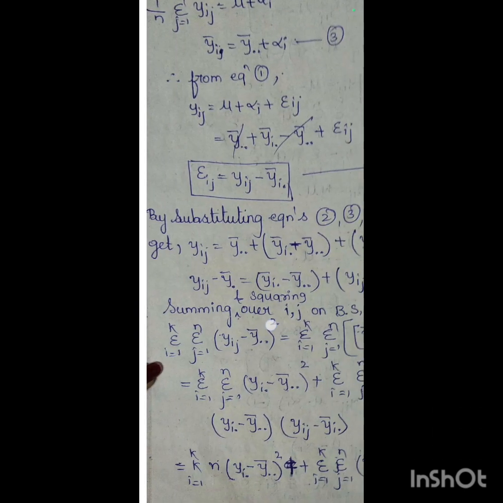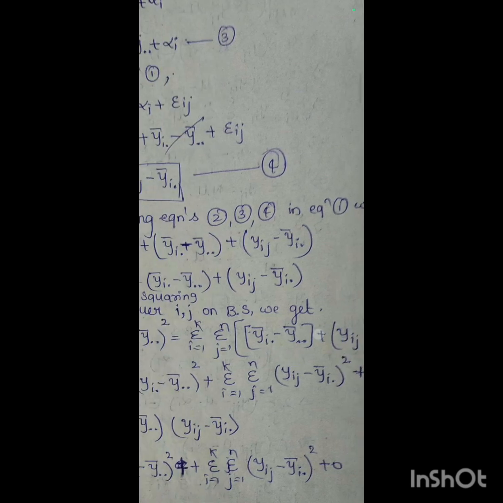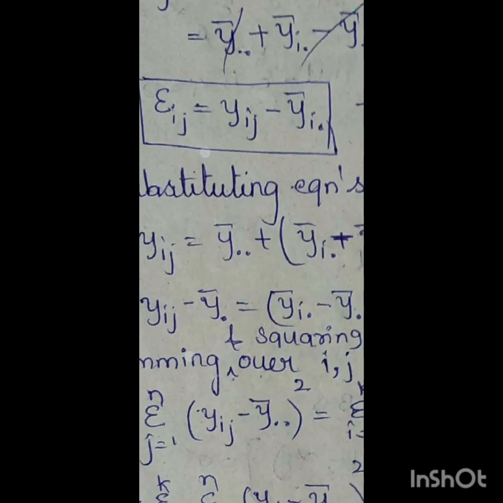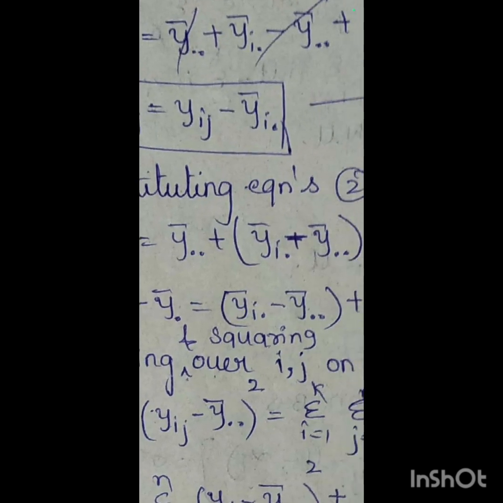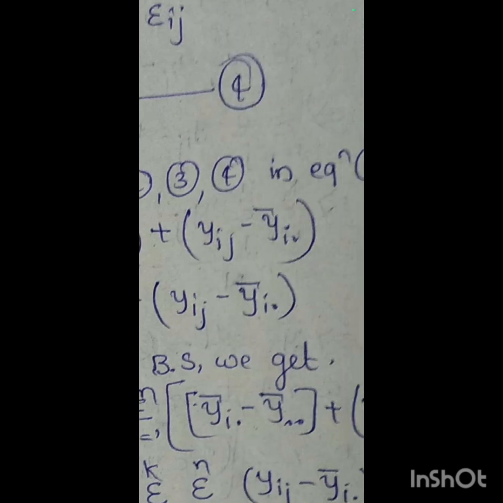By substituting equations 2, 3, 4 in 1, we get the model. So y ij is equal to y bar double dot plus y i bar dot minus y bar double dot plus y ij minus y bar i dot.